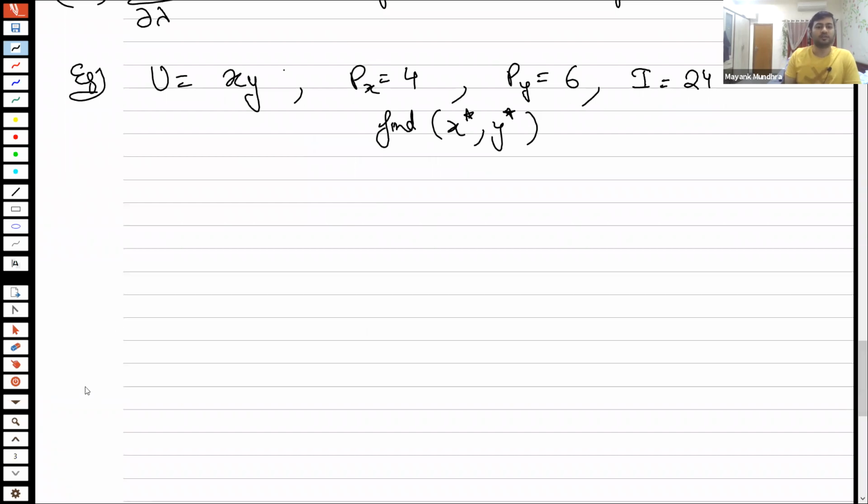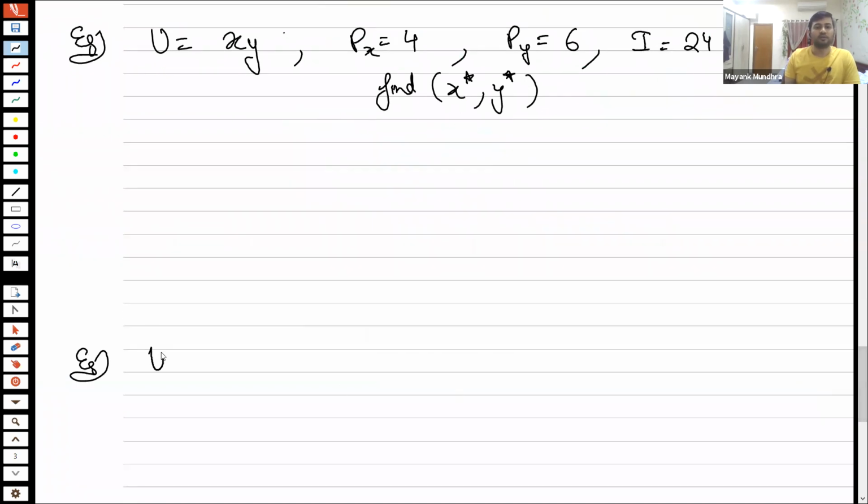And the second question is utility equals xy square.